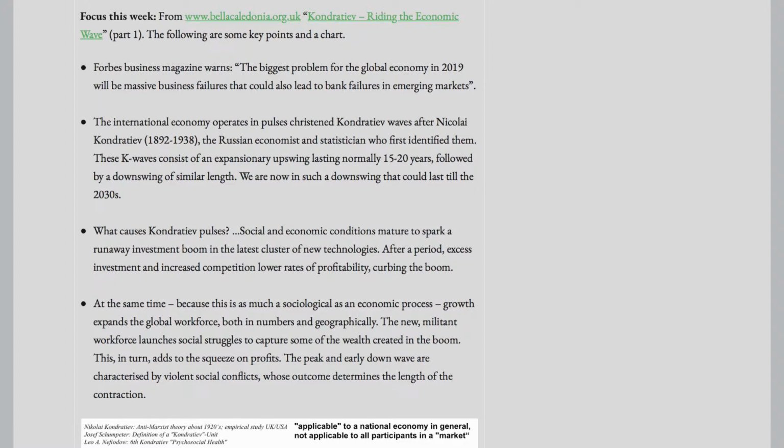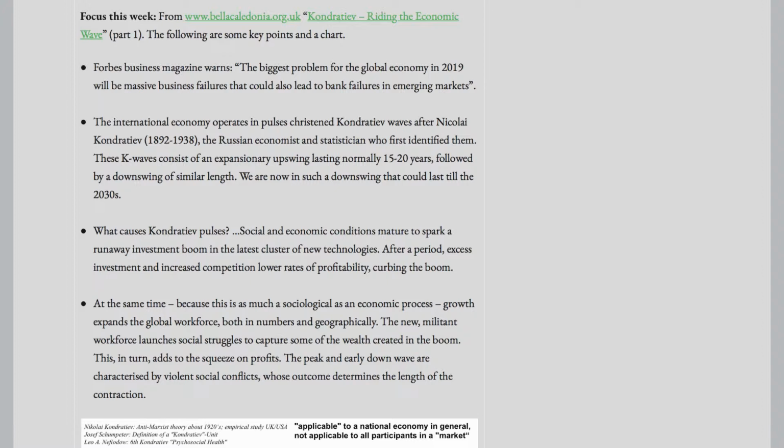Forbes Business Magazine warns, quote, "The biggest problem for the global economy in 2019 will be massive business failures that could lead to bank failures in emerging markets," end quote. The international economy operates in pulses christened Kondratiev waves after Nikolai Kondratiev, 1892 to 1938, the Russian economist and statistician who first identified them.